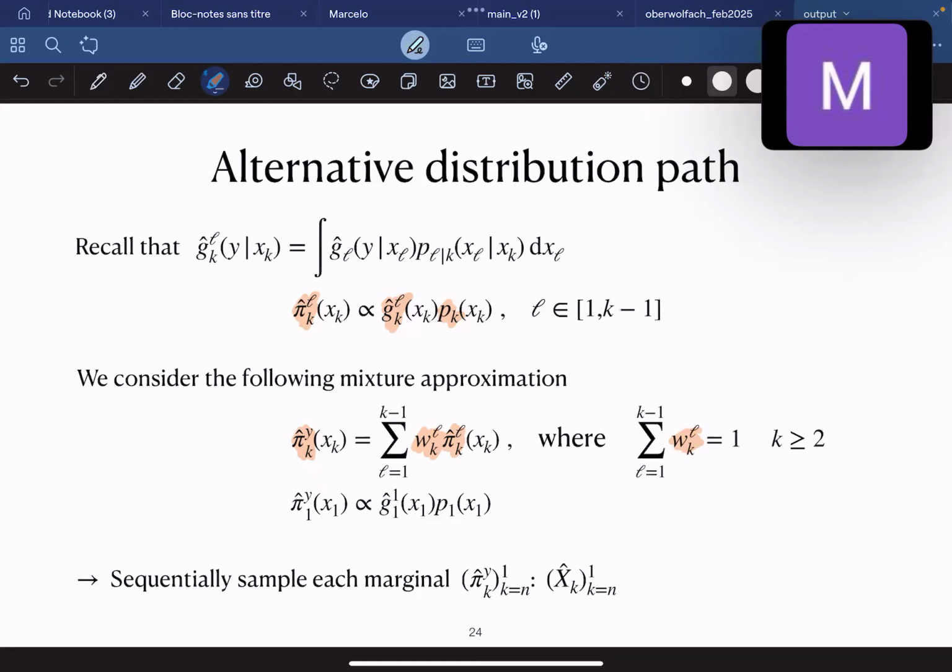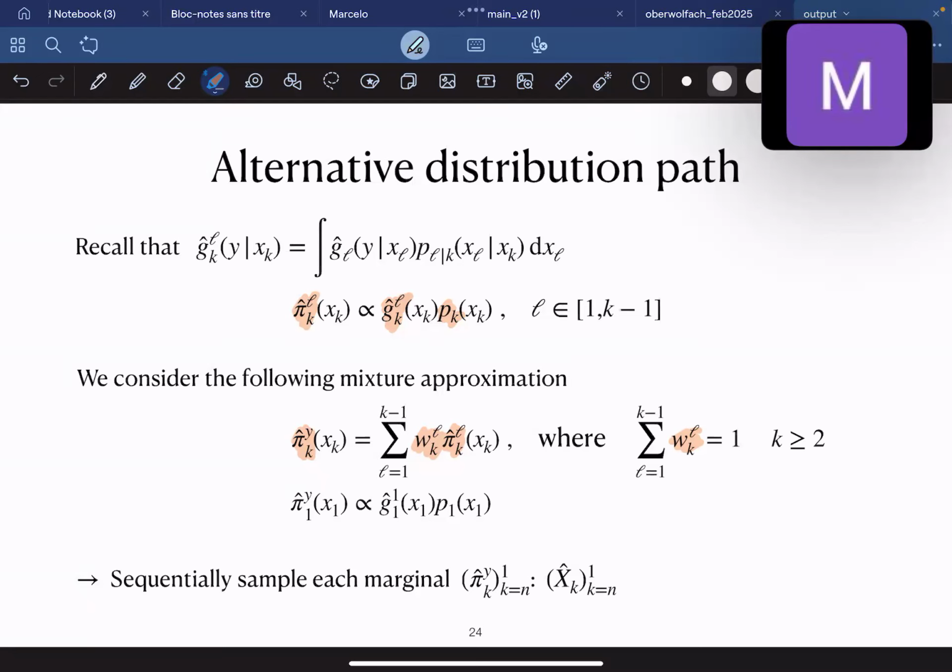So now I have a sequence which is supposed to approximate my sequence of pi_k, which I want to target. And now the idea of our method is to try to sample from this sequence of approximate marginals.